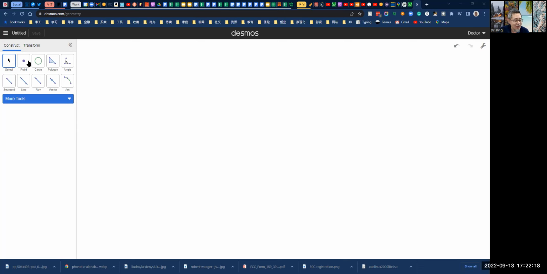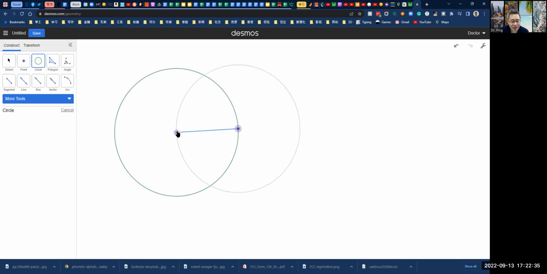So we start with this. Given a line segment, it doesn't matter what the length is, we can draw a perfect equilateral triangle just by using the straight edge and compass.